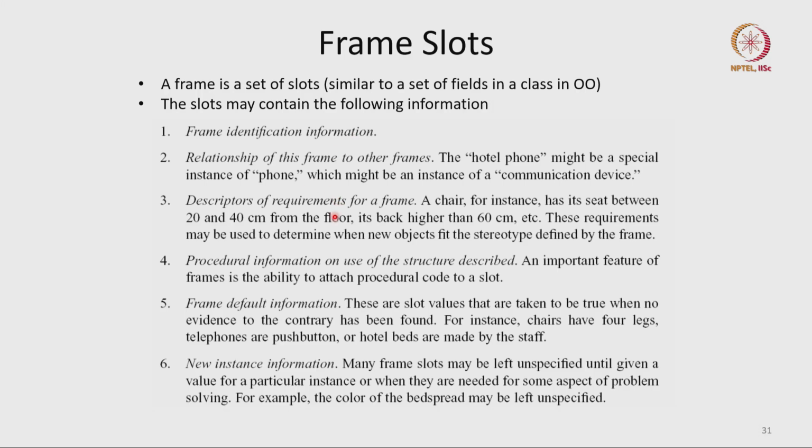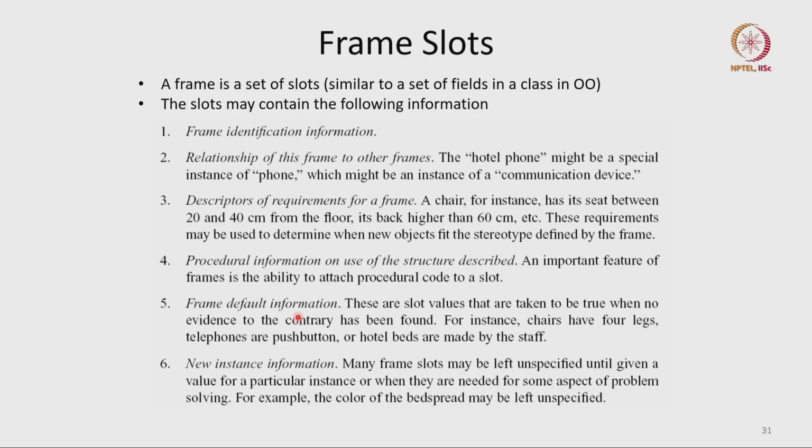Then descriptors of the frame. For example, you may have a chair, you may have a bed, you may have a table, all those things, right, and procedural information on use of the structure described, and the frame default information. These are slot values that are taken to be true when no evidence to the contrary has been found.